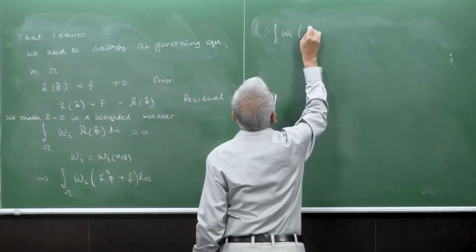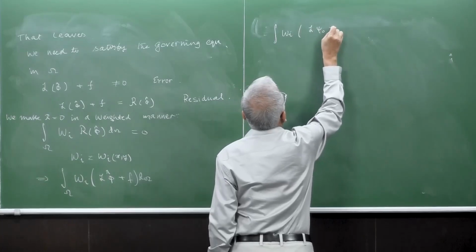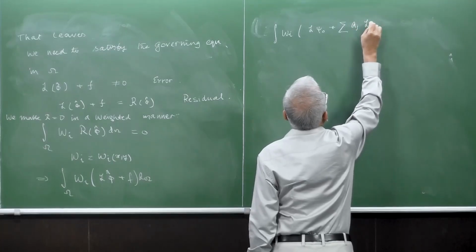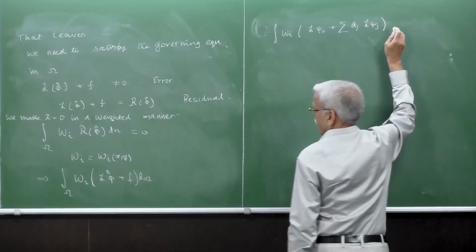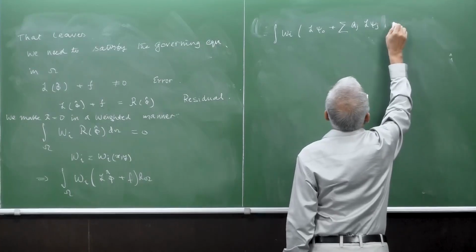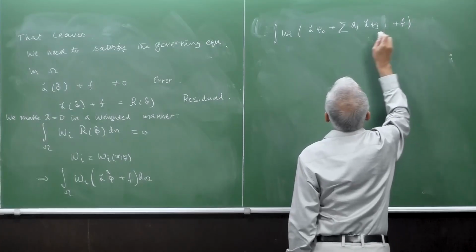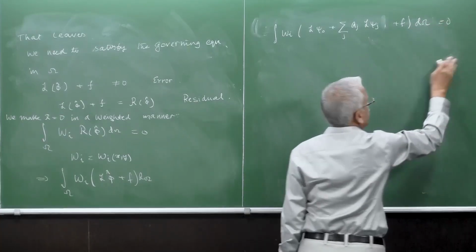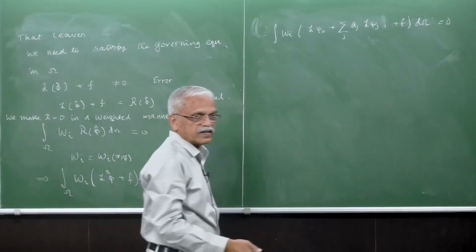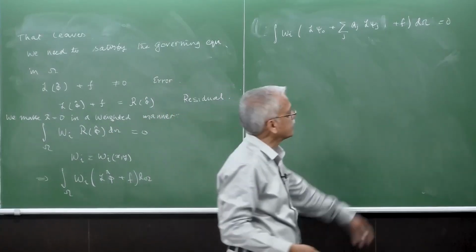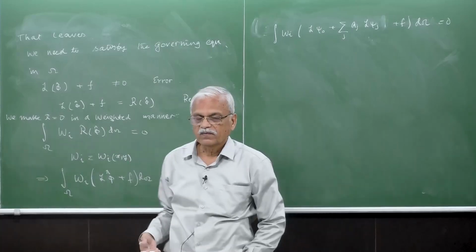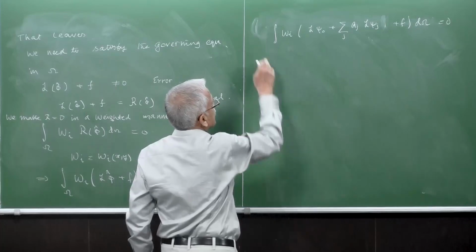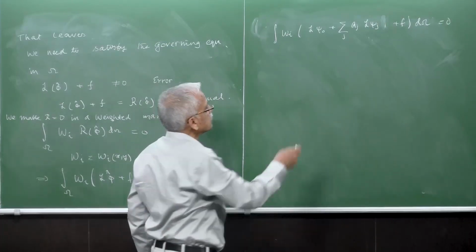So phi hat, we can write as psi naught plus the sum of a j psi j, so the integral over the domain omega of w i times L phi hat plus f, d omega, is equal to 0. d omega is dx dy; you can write it as dx dy, or for the moment we'll write it as d omega. So the important part here is, what is this equation?